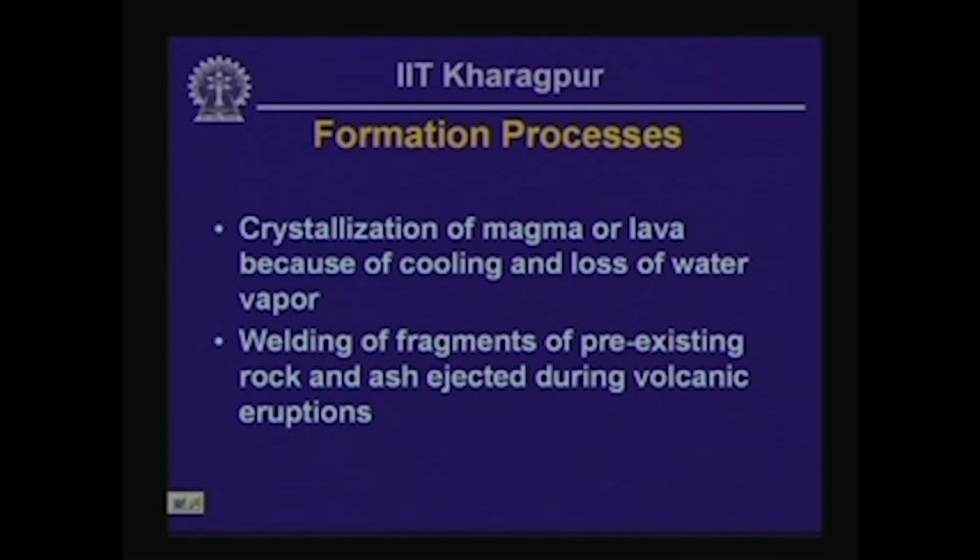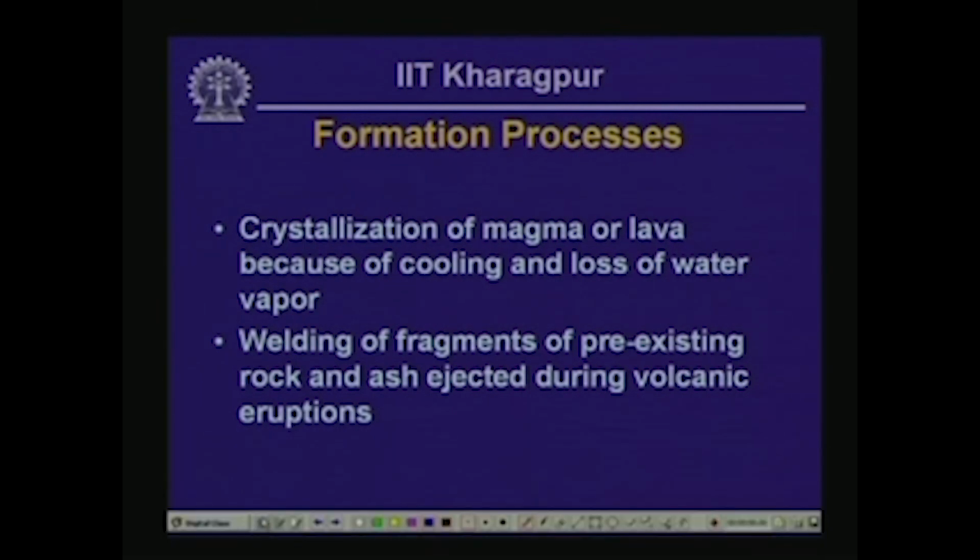These are partially molten material containing rock forming minerals, and the difference between magma and lava is essentially that magma is when the partially molten material remains underground below the surface, and if it is ejected to the surface because of volcanic activity, that is commonly referred to as lava.